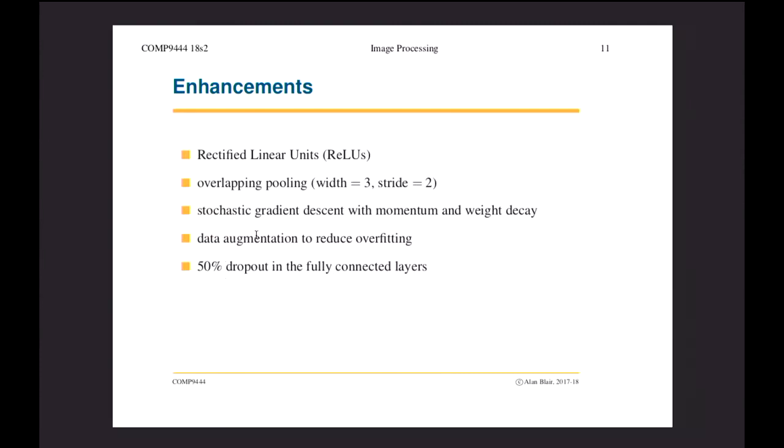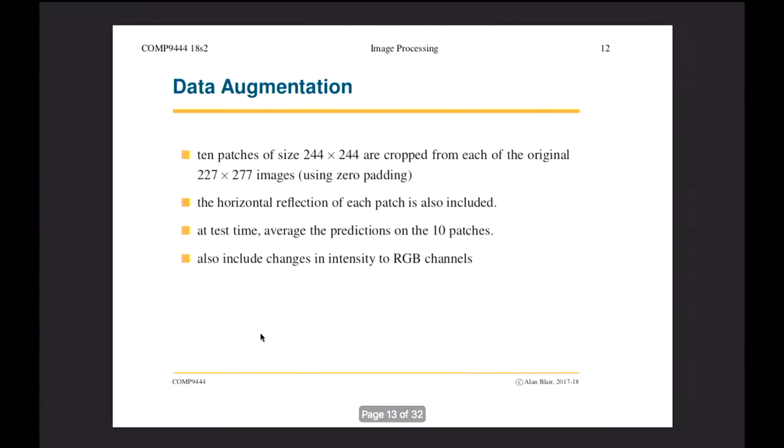Now, these two things here I'll talk about. These are to reduce the overfitting. One of them is data augmentation and the other one is dropout. So let's first talk about data augmentation.